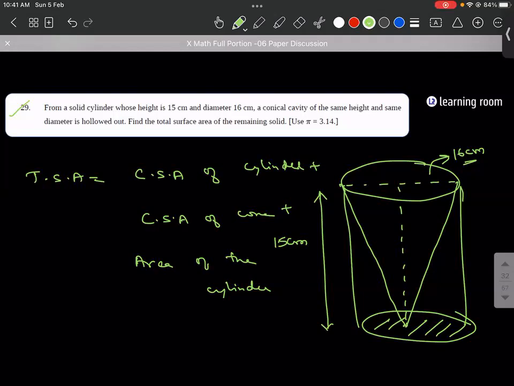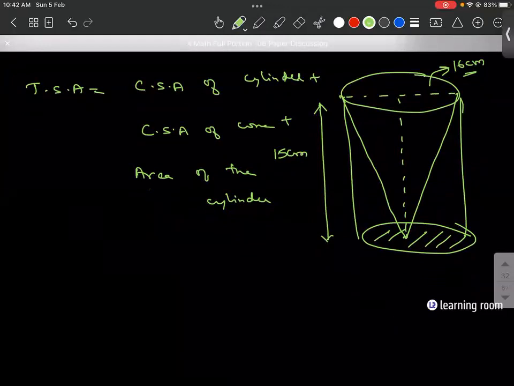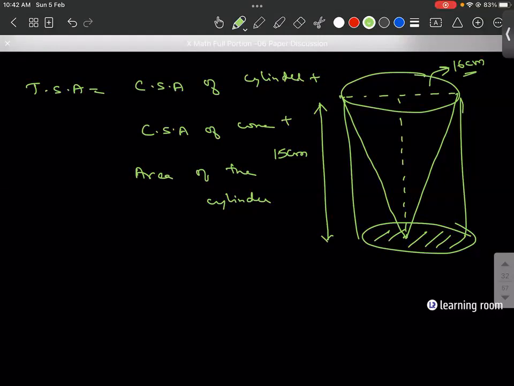One minute. 1382.786 is what is given here, but okay, it's fine. It's closer, sir, right? 1381.6. Okay, that's fine. That minor difference will not make any change.